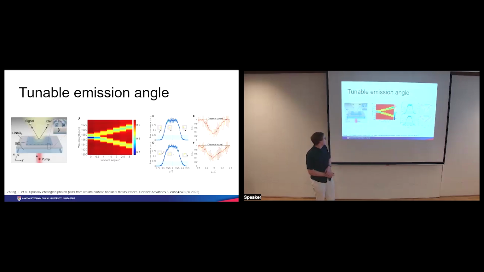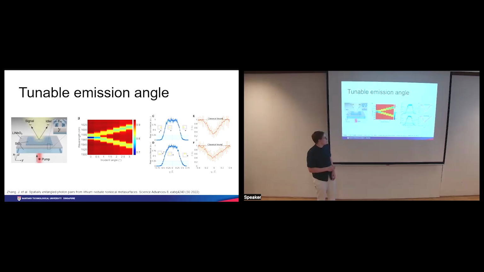And in the same way, with the metasurface emission, you can tune the angular emission. What they did here was generate angular propagating modes in this metasurface, and with this they can tailor at which angle the photons are emitted.